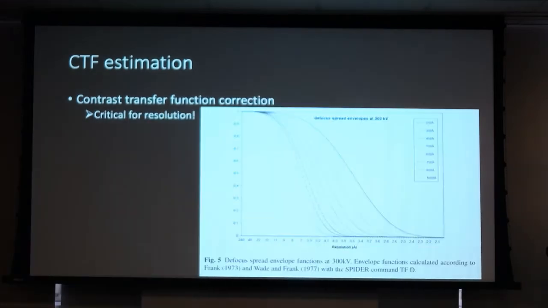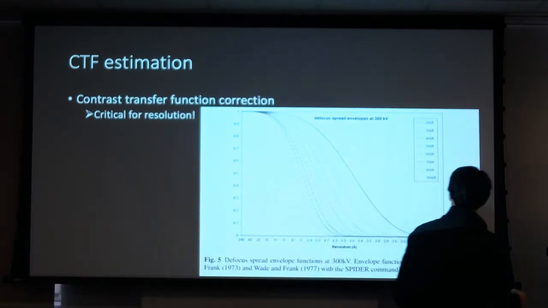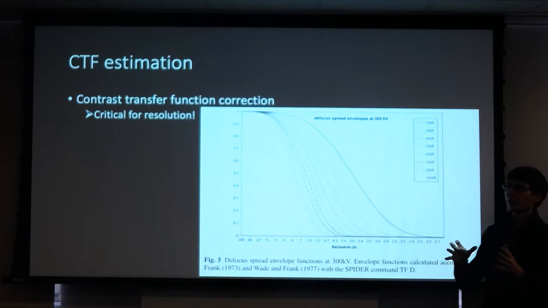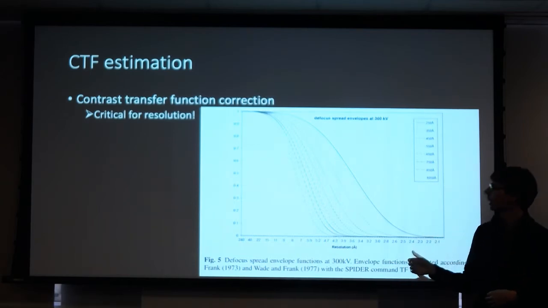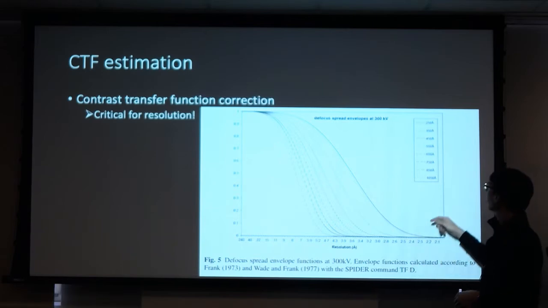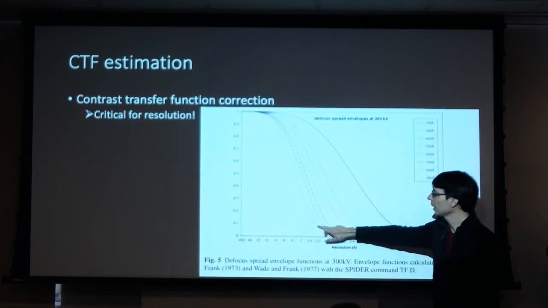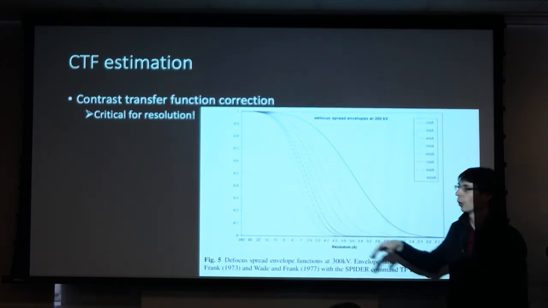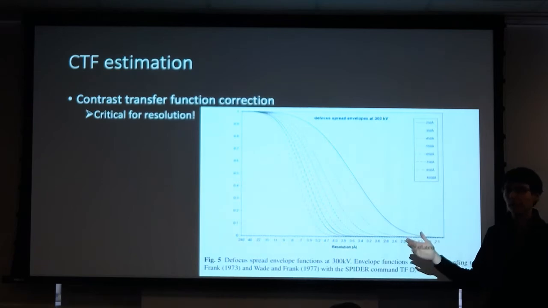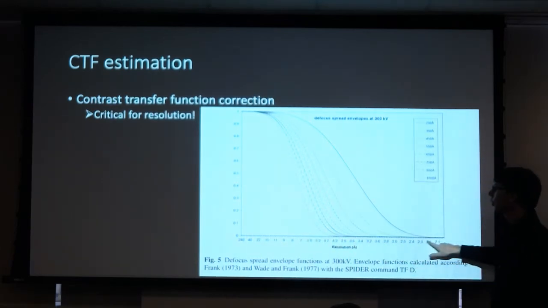Okay, so that's one thing. But then, this graph actually shows you pretty well what's happening. Let's say that you accurately get a value of defocus for a particular particle, but that accuracy is plus minus 1,000 angstrom. So this curve is a dampening of your signal depending on resolution.